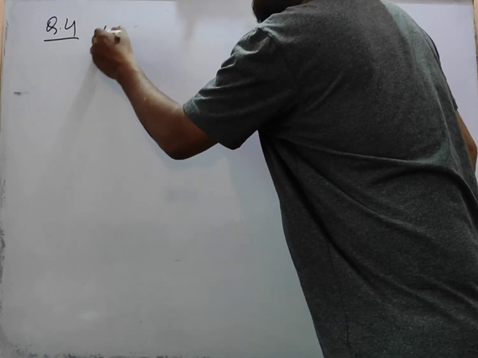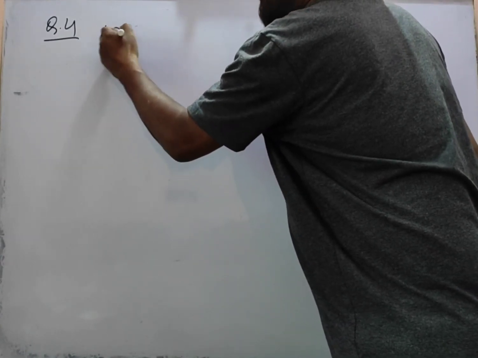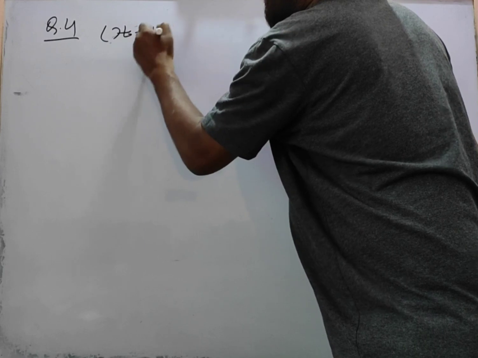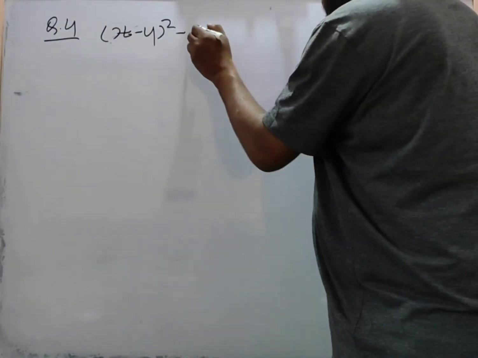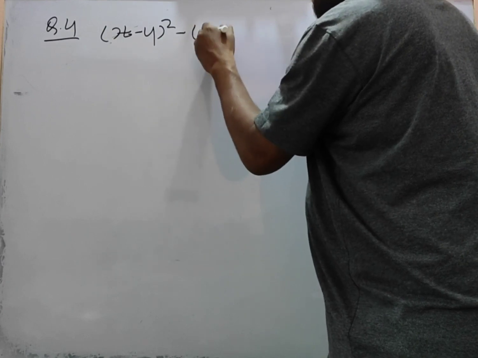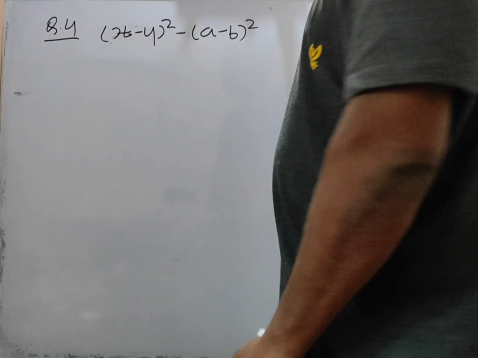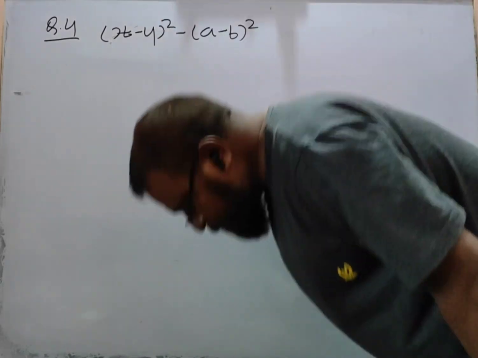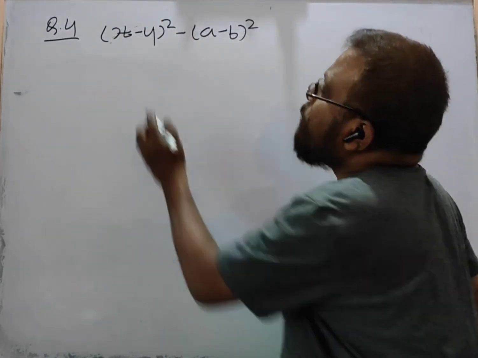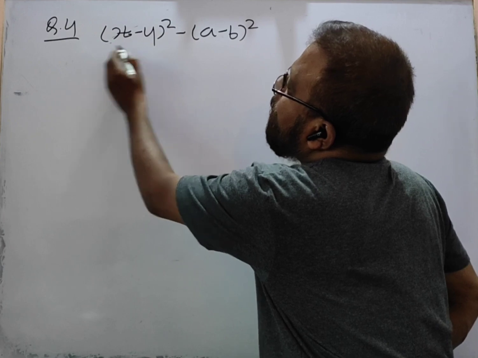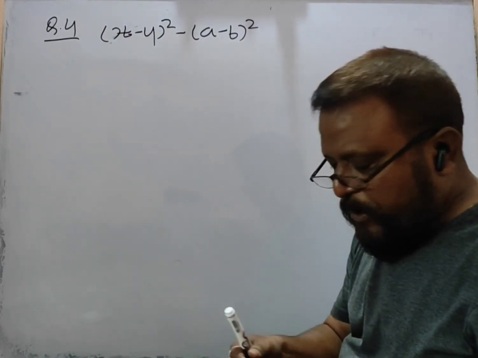Question number 4 is x minus y whole square minus a minus b whole square. Okay? So now we expand by the formula.